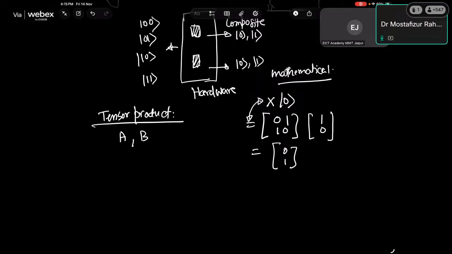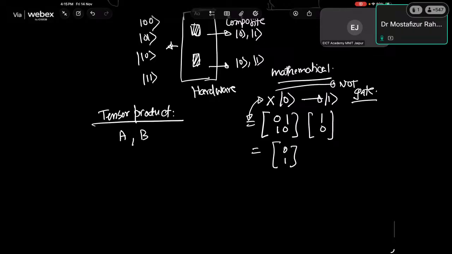That means if you apply X gate on state 0, you will get state 1. If you apply X on state 1, you will get state 0. This is why it is called the NOT gate in quantum computing, the Pauli NOT gate, or simply the NOT gate. It just flips the logic. There is one extra term, the phase factor, the phase flip, and I'll come to that later in the quantum information chapter, not here.